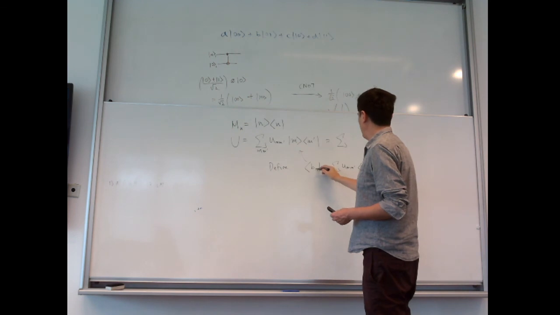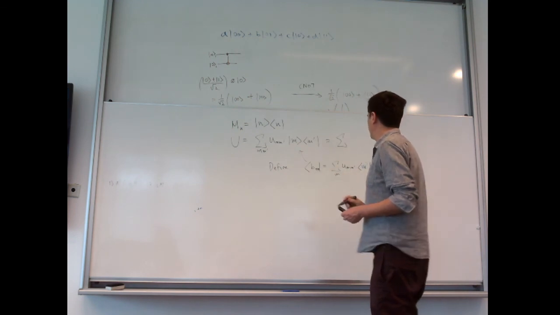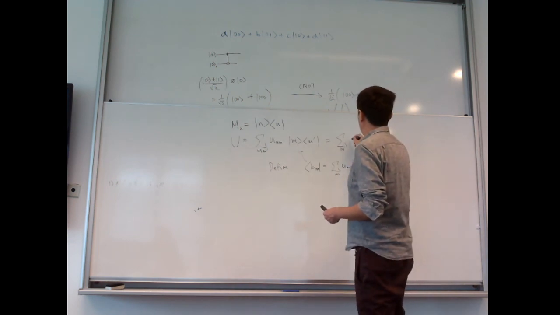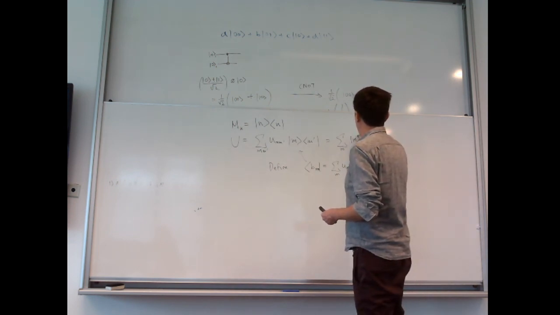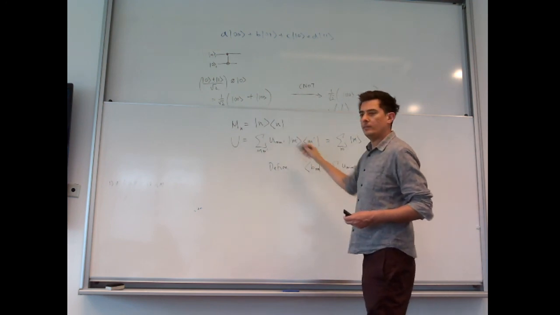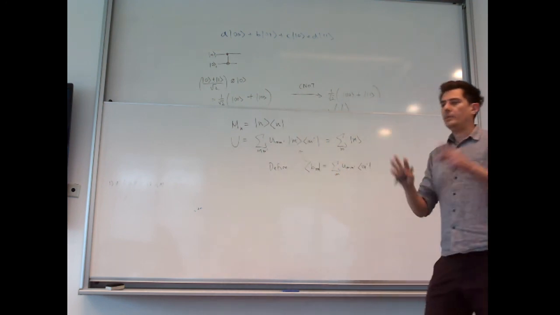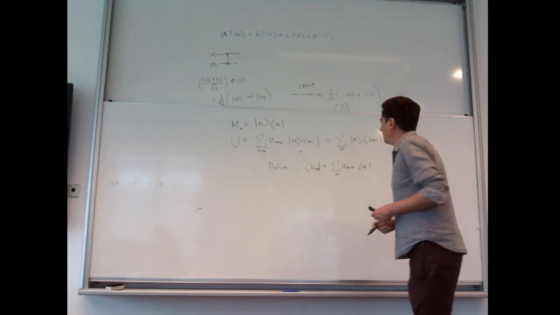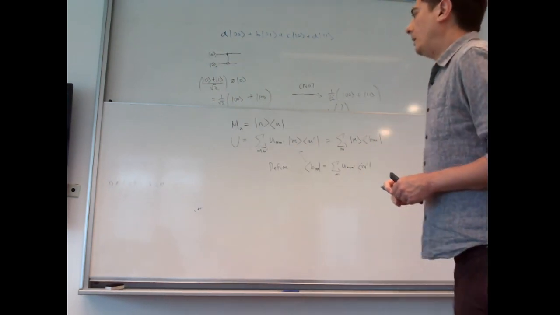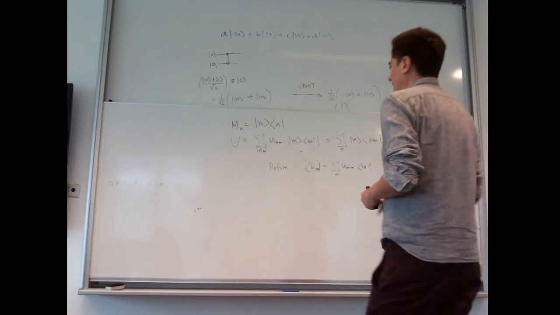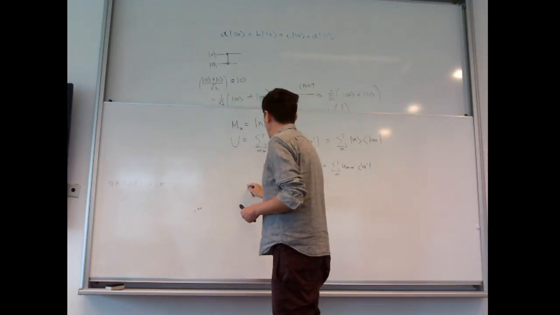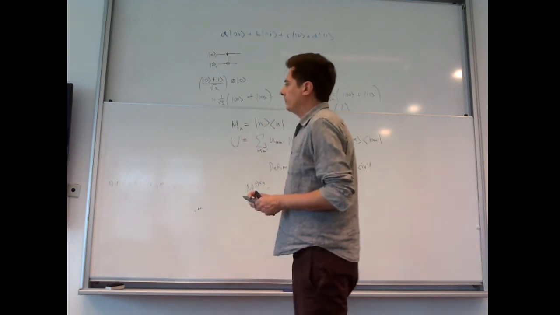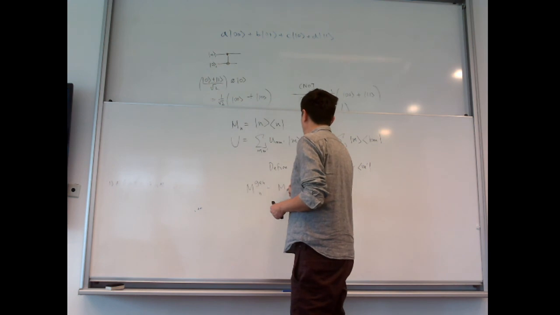Sorry, this should be n. Then I can put that in there, and then I can consider all this U stuff to be in some more general basis. So my definition of the more general measurement is Mn times U.